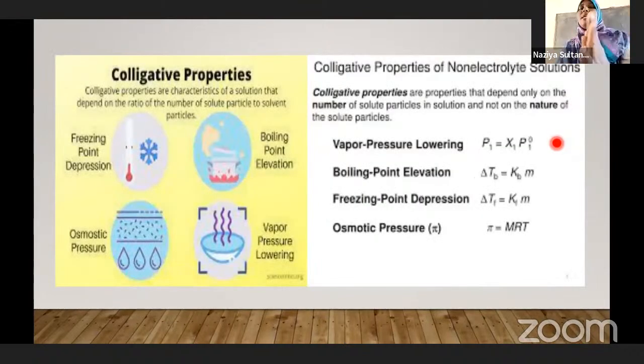Next, coming to the properties. What are colligative properties? The properties which depend upon the number of solute particles are called colligative properties. For colligative properties, we have studied from the intermediate IPE point of view: relative lowering of vapor pressure, elevation in boiling point, depression in freezing point, and osmotic pressure.